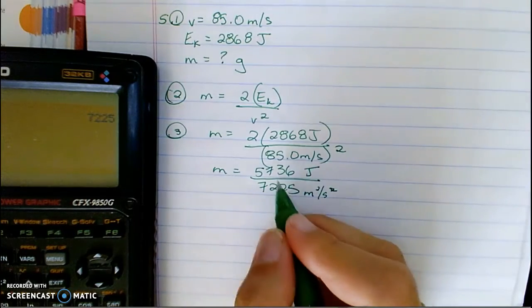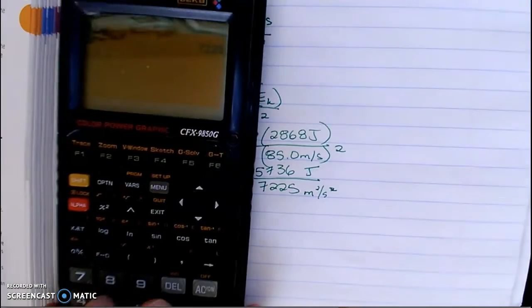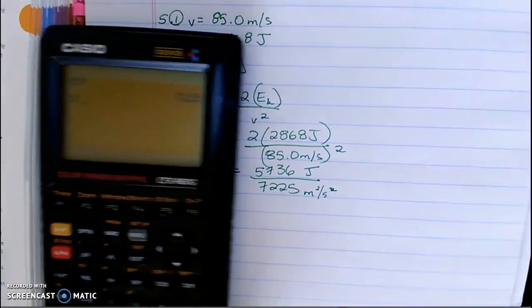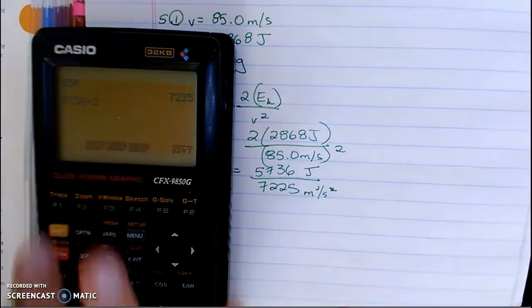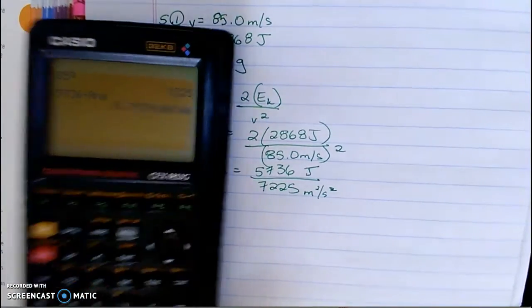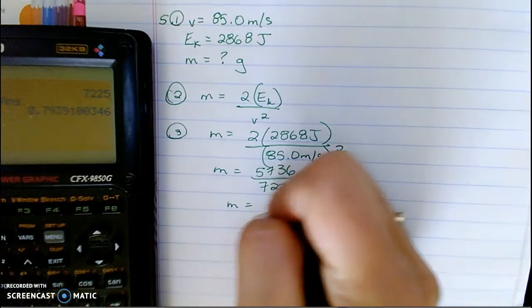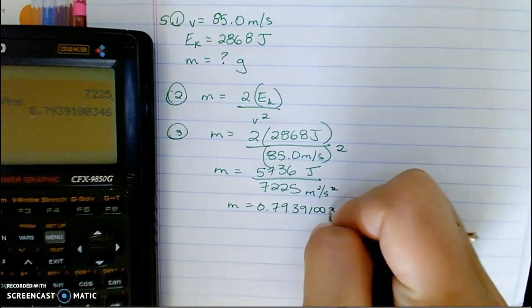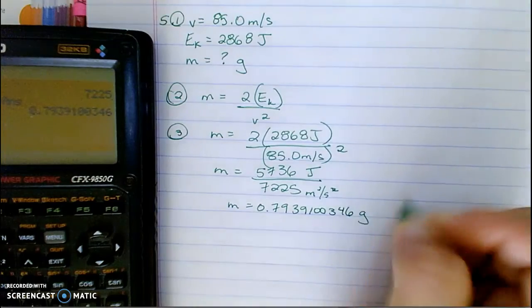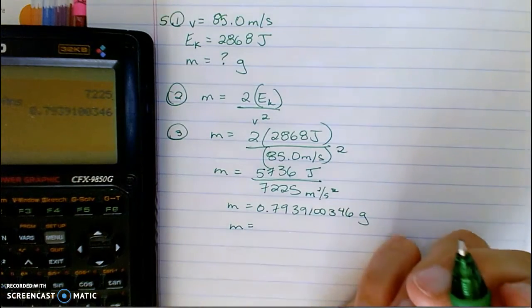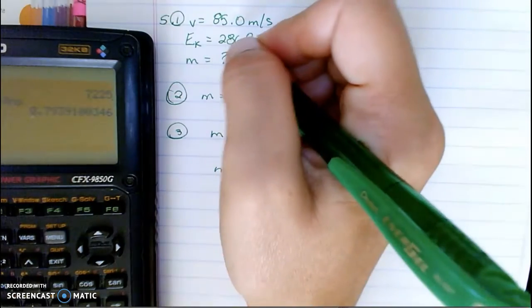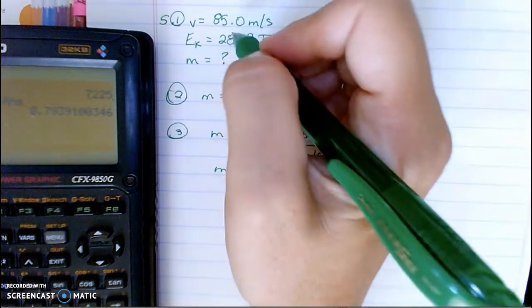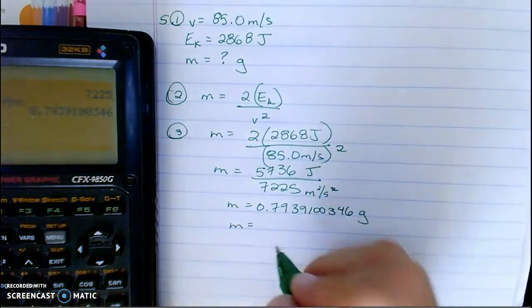Okay, and so now this divided by this. 5736 divided by answer. Okay, so there's 4 significant digits up here, 3 significant digits down here.